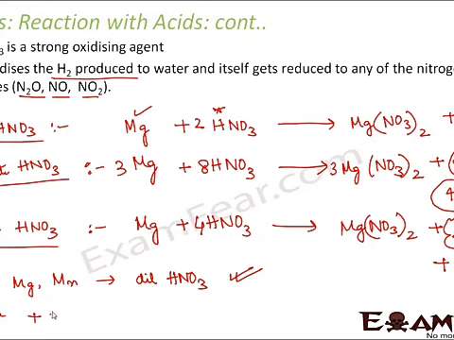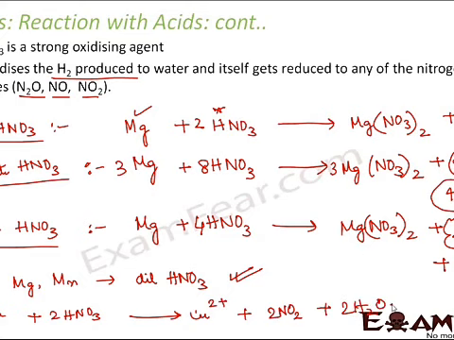Now copper reacts with HNO3, and it forms copper ions plus NO2, that is nitrogen dioxide, plus H2O. So the reaction is a little similar to that reaction, correct? But copper doesn't react with dilute nitric acid. It prefers to react with concentrated nitric acid.